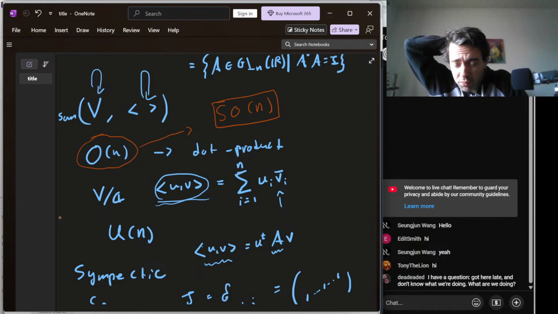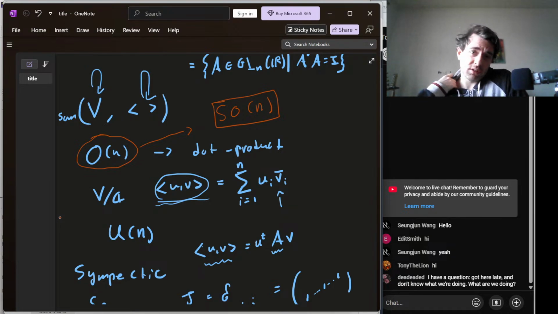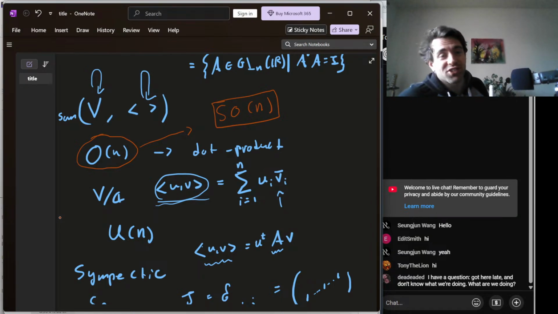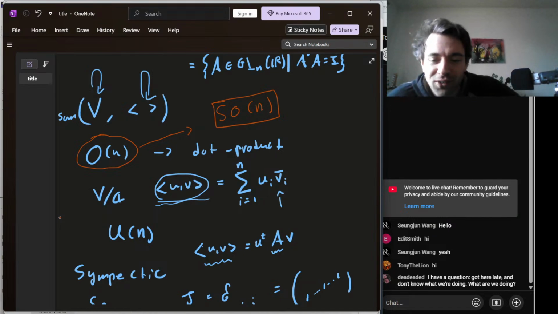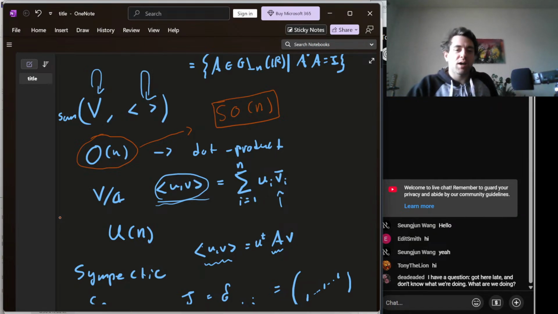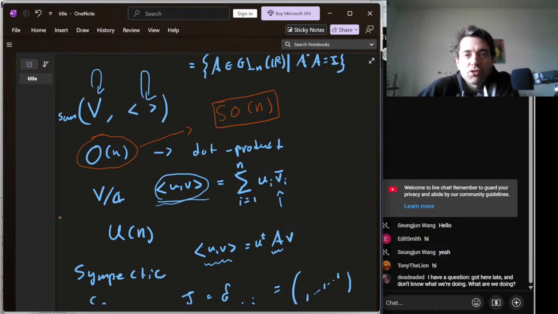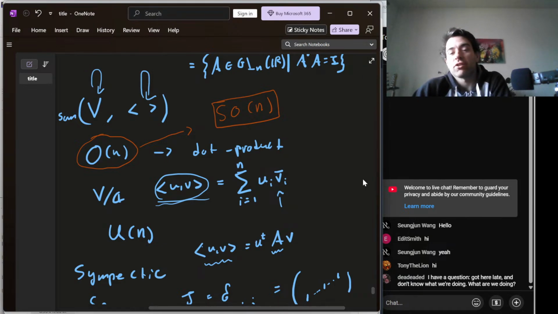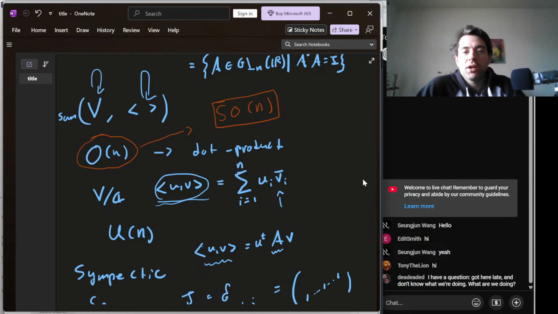Got here late, don't know what we're doing. What are we doing? Well, basically, I'm just yapping until people have their own questions that they want to ask me. So I decided to start yapping about matrices and matrix groups and talking about important examples of matrix groups that are defined as collections of linear transformations preserving a pairing, and connecting that to our matrix realizations of these things.